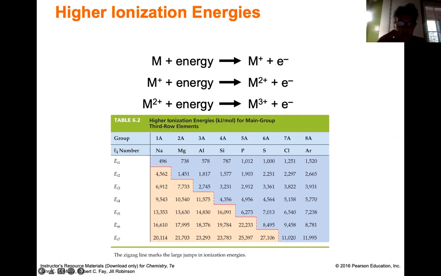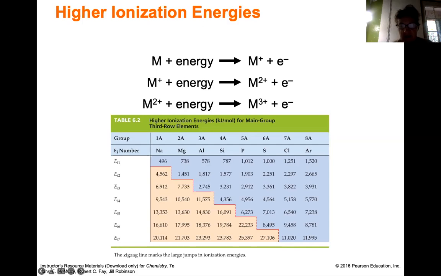So if you think about sodium, for example, the second ionization energy for sodium is really high. That's because if you're taking the second electron off of sodium, you have a filled neon shell, and so it's going to take a lot of energy to take that electron off. You're going to see differences like that when you look at the periodic table.